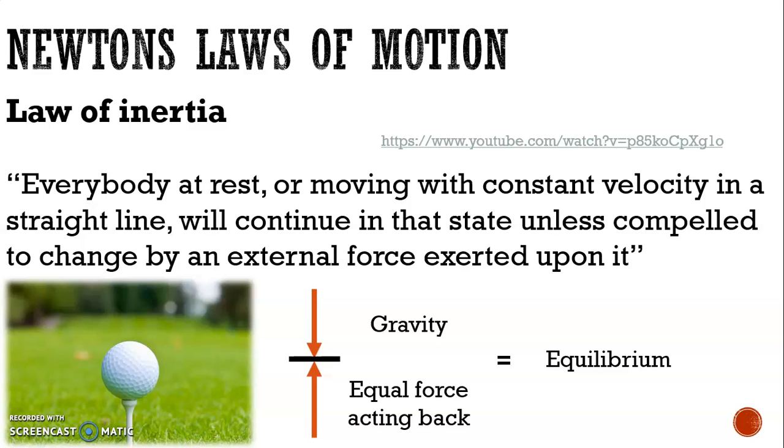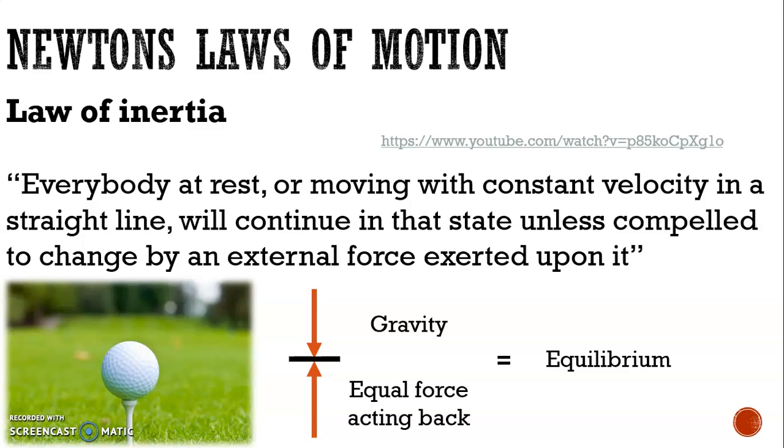So in terms of our golf ball there, it will stay at rest, or it will stay at a constant velocity in the same direction, unless it is acted upon by an external force. As we can see there, the gravity and the equilibrium of the tee holding the ball up will mean that that ball will stay where it is.